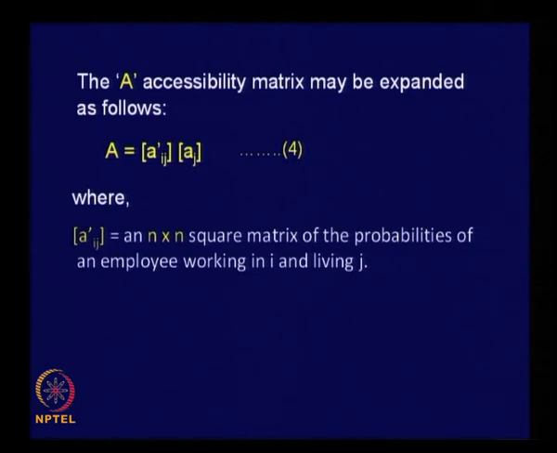It can be taken as the probability value for the base year condition. So, that is how we need to understand the values of A dash ij. It is nothing difficult, and when you do it for all the zones, you will obviously get an n by n matrix, 1 to 1, 1 to 2 and 1 to n and so on, right. If you do that, you will get an n by n matrix giving the probability of an employee working in I but living in J. Clear?